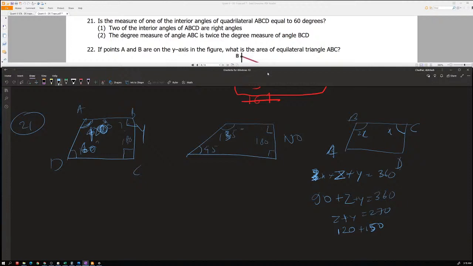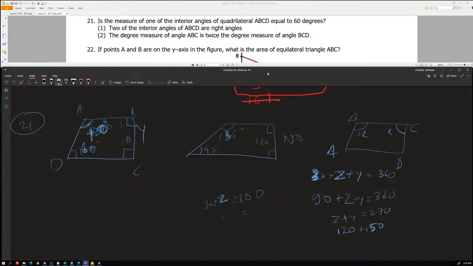And if we want at least one of them to be 60 degrees, we suppose y is equal to 60 degrees, so we get 300. Then 3x plus z equal to 300, and suppose z is whatever, we have to make it 300.